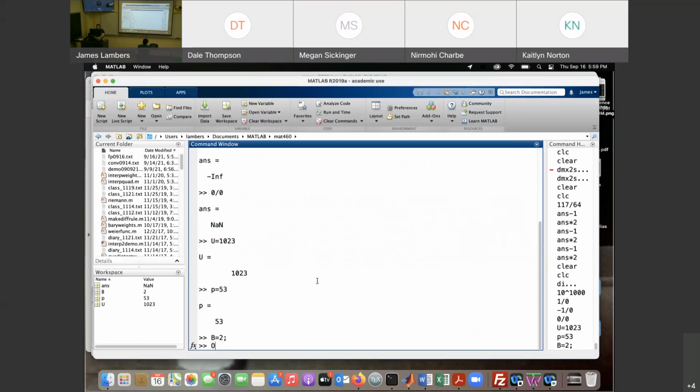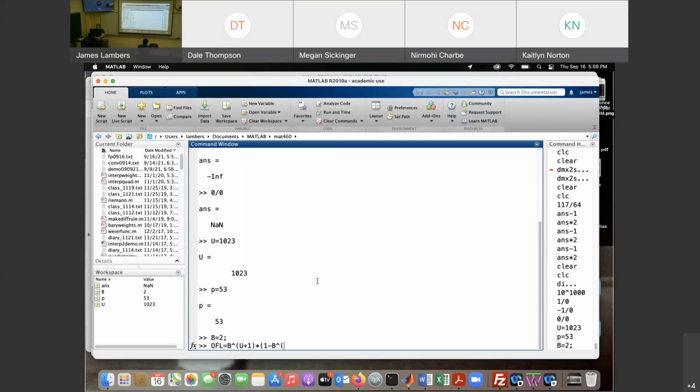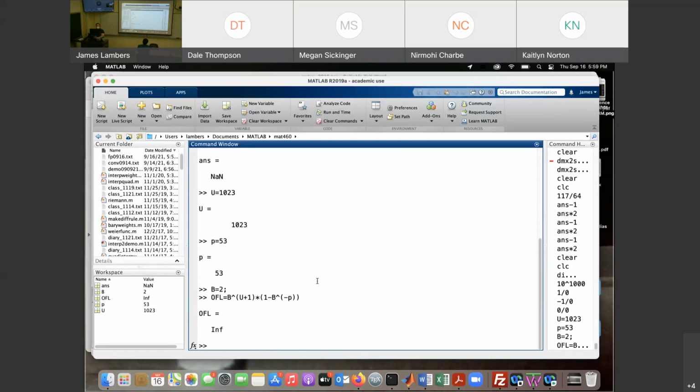So my overflow level, I try to compute it this way: base raised to the U plus 1 times 1 minus base raised to the minus P. Well, it doesn't like that, which makes sense because it's not allowed to compute this. That's too large an exponent.